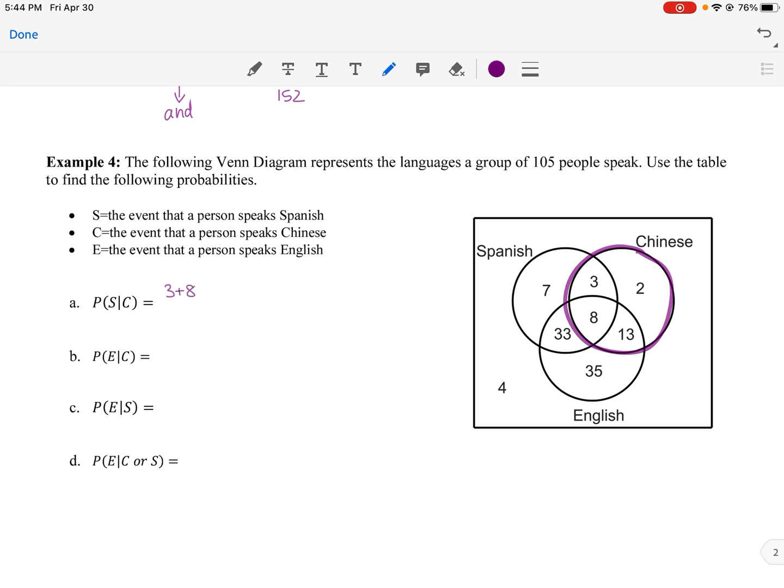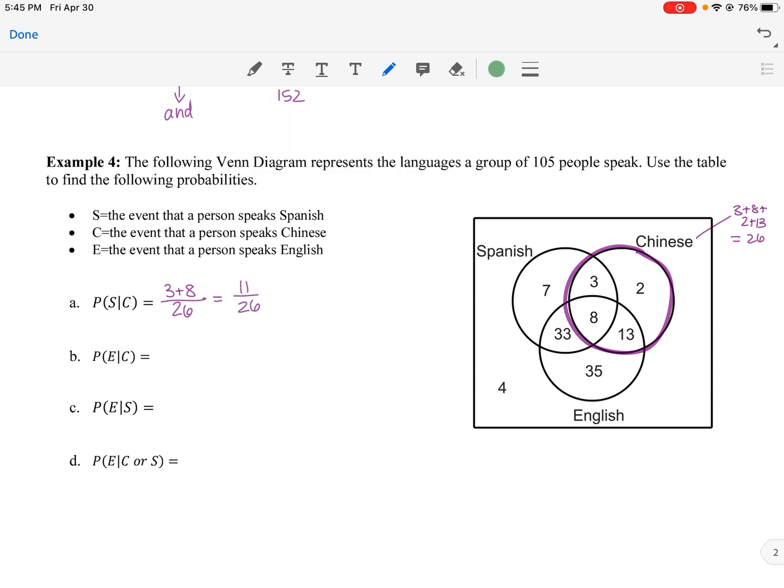I've got 3 plus 8 that do Spanish out of the total Chinese, which is 3 plus 8 plus 2 plus 13. So maybe I'll do that on the side. Chinese is 3 plus 8 plus 2 plus 13. We get a total of 26. So we're going to have 11 out of 26.